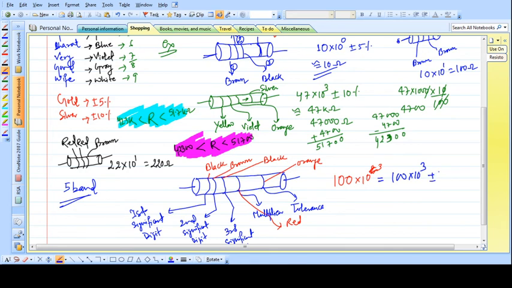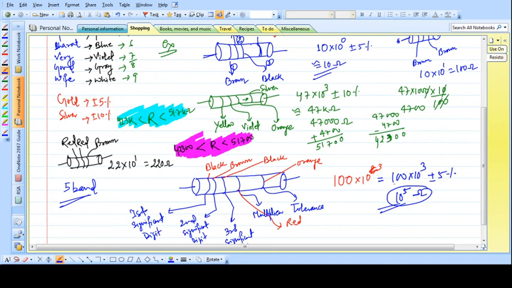For the gold tolerance, it should be plus or minus 100 ohm. So this value will be 10 to the power 5 ohm. So this is one example for a higher band.